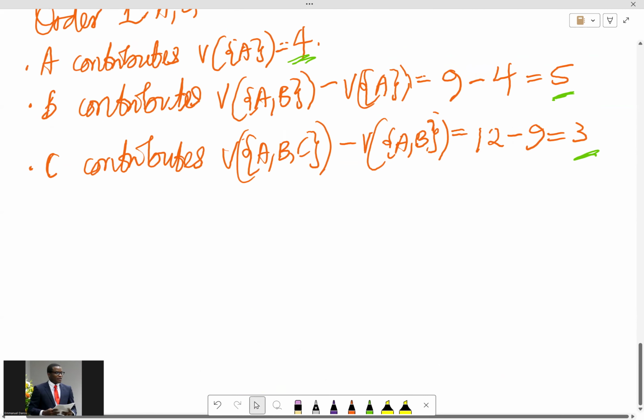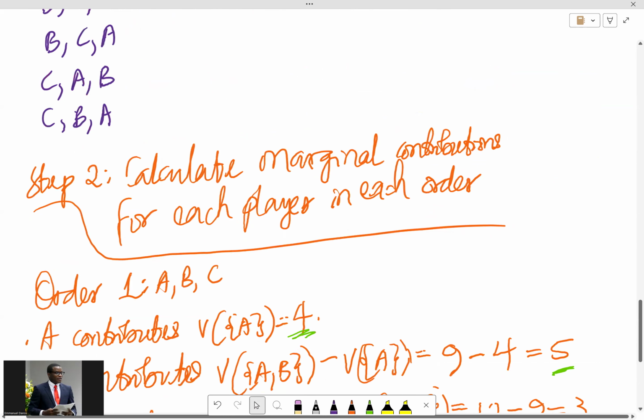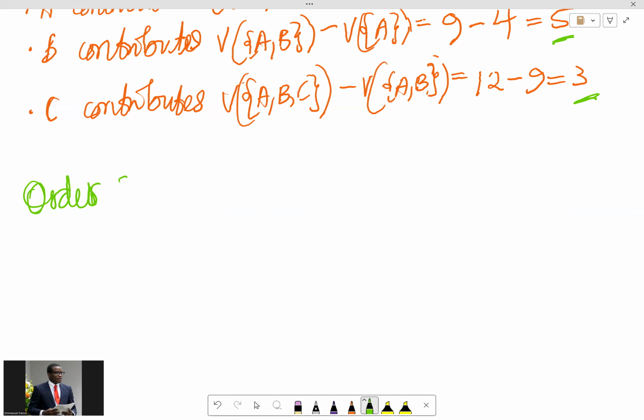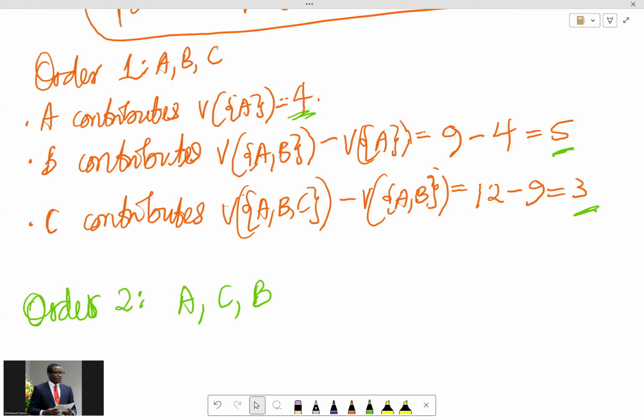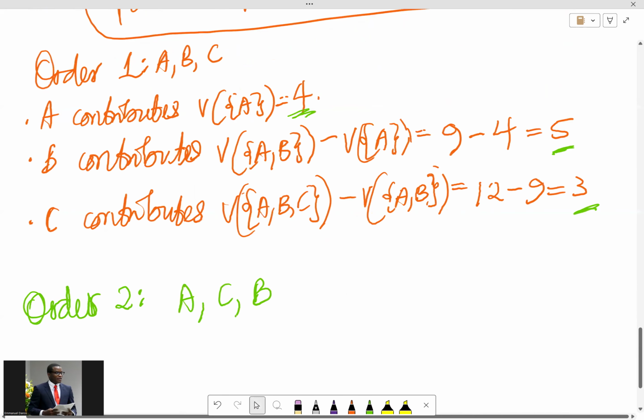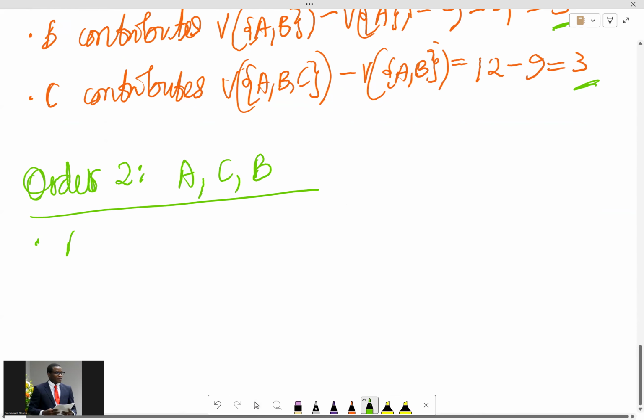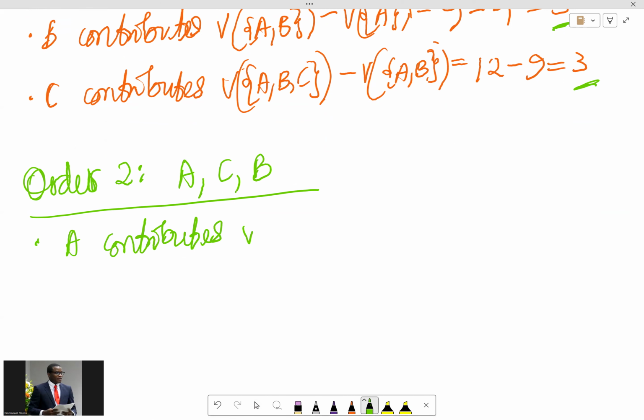Now, we are still in step 2 actually. So then we go for order 2. I mean, this is a lot, right? For order 2, A starts the coalition, C is next and B is next. For order 2, we follow the same thing. A contributes the value associated with A alone, and that is simply 4.